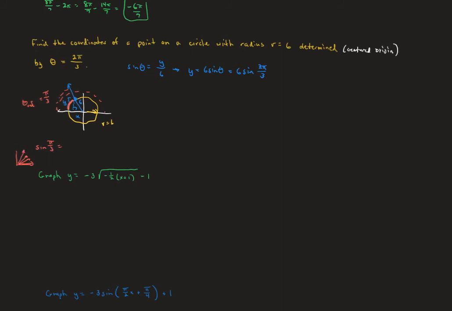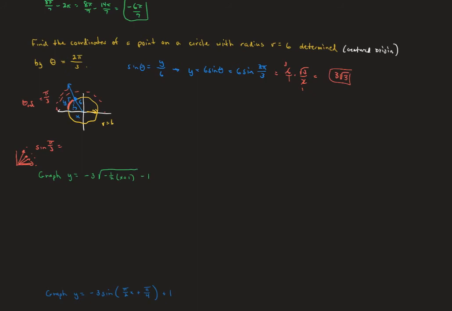So we're going to be 4 clicks. A sine starts small, so it's going to go 0, 1/2, square root of 2 over 2. That's going to be square root of 3 over 2. And in quadrant 2, sine is positive, so that's going to give us 6 times the square root of 3 over 2. And so that means our y-coordinate is going to be 3 square root of 3.